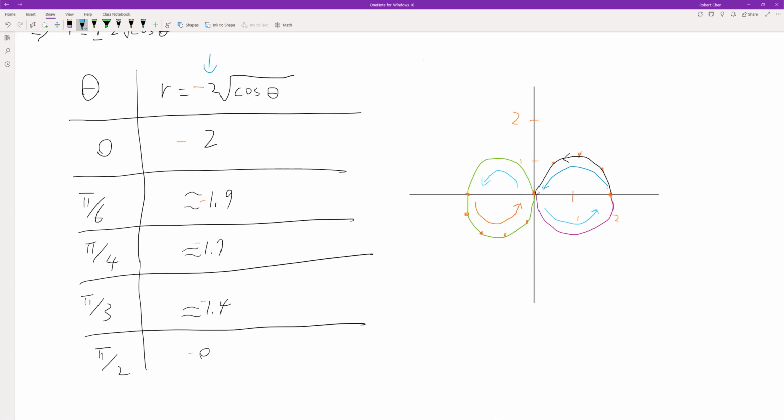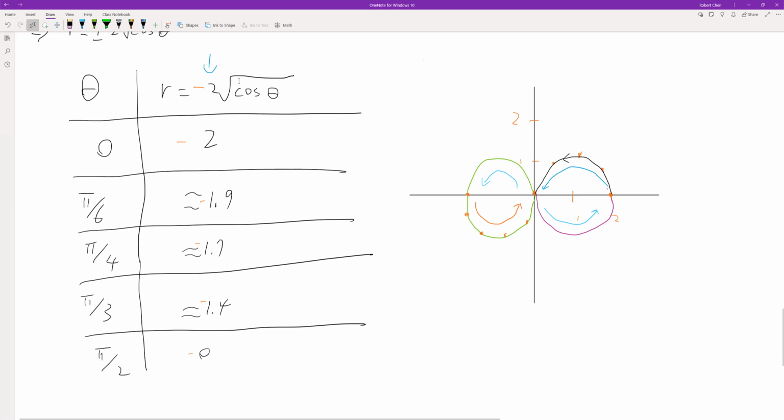Now you might think, okay, maybe we can try to pick out some other points, right? If we pick anything that's greater than pi over 2, then cosine, let's say pi, right? Cosine pi is negative 1, and we will have negative 1 in the square root, which will not make sense, right? So we can only pick angles theta in quadrant 1 and 4, where cosine stays positive.